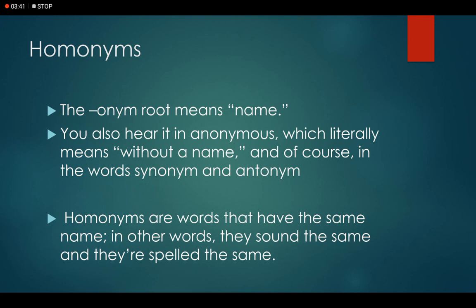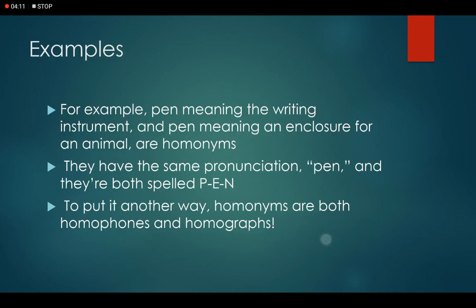If we go back and try to remember what we learned in homophones, homophones were pronounced the same, but they had different spellings. Homographs had the same spelling. And now homonyms sound the same, and also they are spelled the same. For example, pen, meaning the writing instrument.